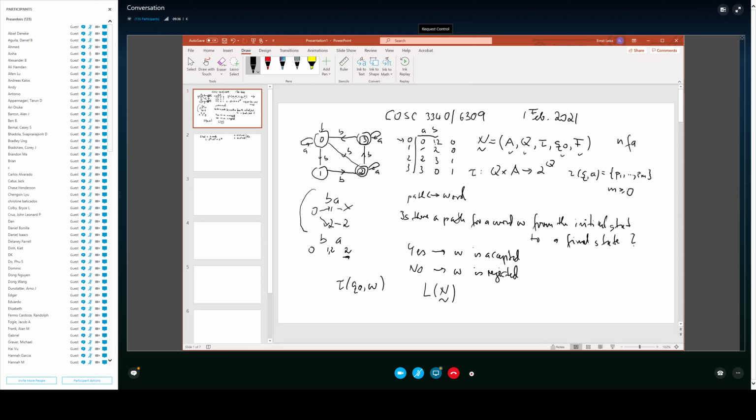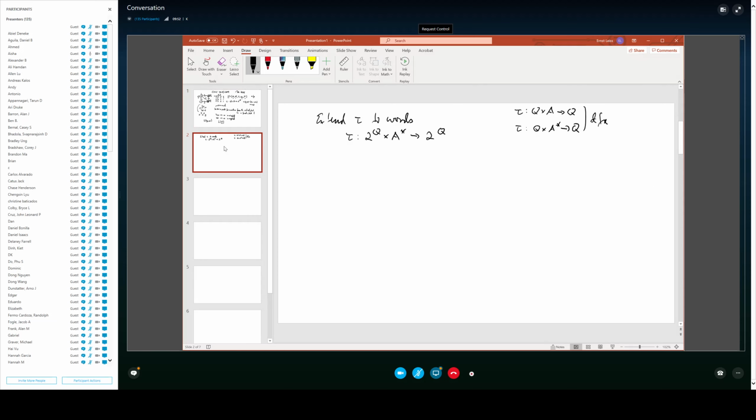And of course, in this case, 2 is an accepting state, and therefore there is a path from the initial state to an accepting state, which means the word BA is accepted.